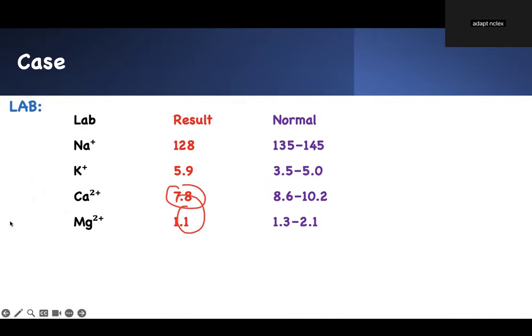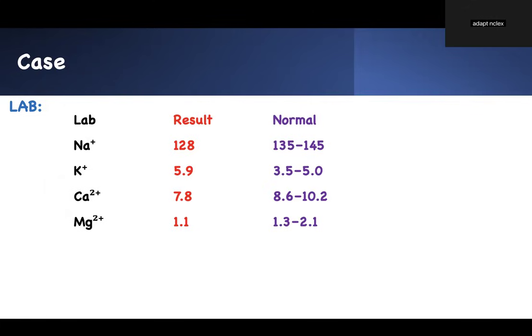So all the client's lab values are abnormal. Classic, right? And therefore, this is the question: which of these is most dangerous right now? We have hyponatremia, hyperkalemia, hypocalcemia, hypomagnesemia. Which of these is most dangerous right now to the patient?